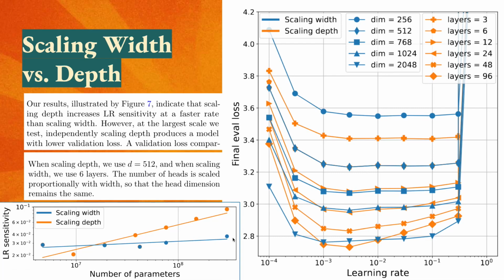So we have a better chance of finding multiple learning rates where we can still get relatively low loss. And again, we can see the 2048 dimension learning rate versus loss curve is relatively flat. Whereas if we look at the 96 layer loss curve versus learning rate, it has more of this U shape.